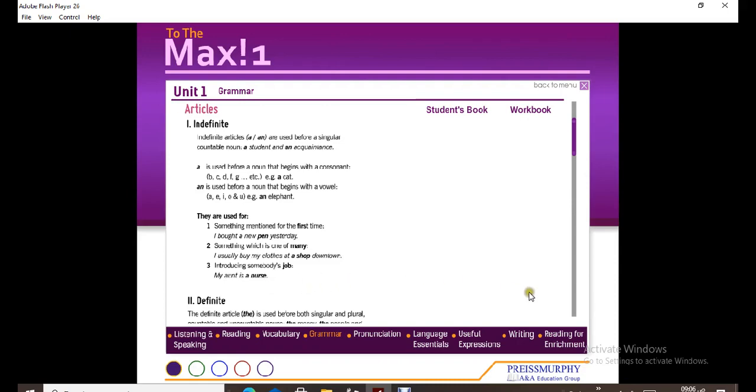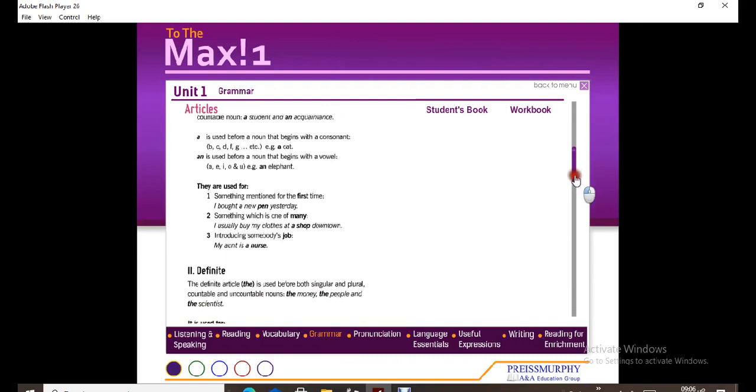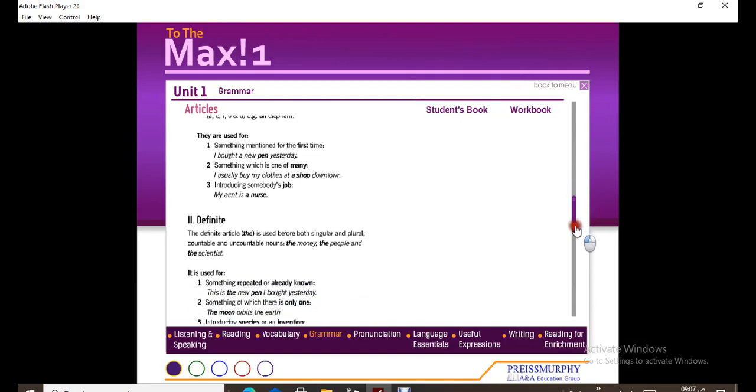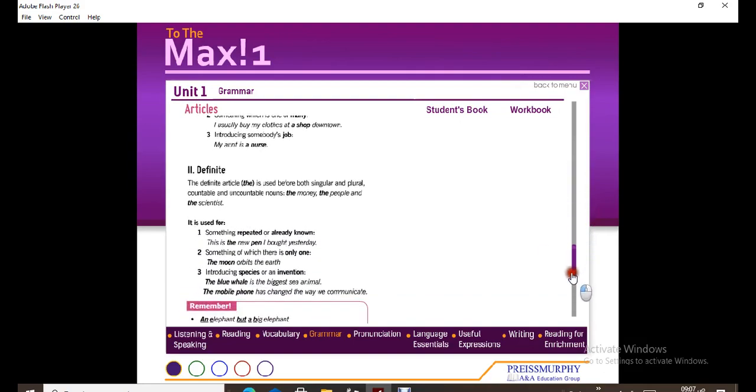Okay, now let's go to definite articles. Definite article, which is the. Now, let me remind you, the definite article, the, is used before both singular or plural, countable or uncountable nouns. It doesn't matter.